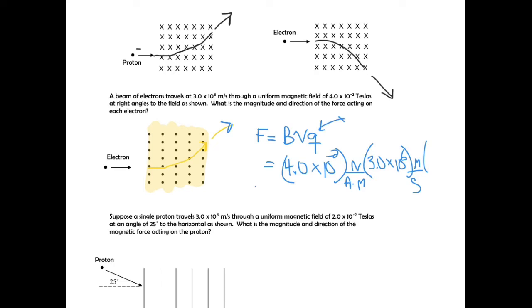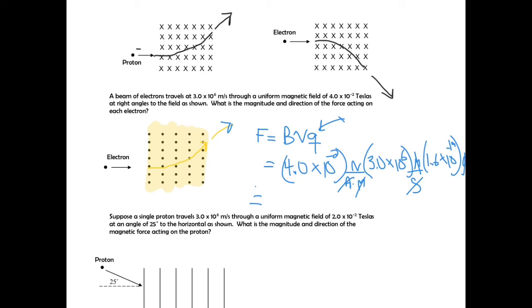Now the charge here is the charge of one electron, which is 1.6 times 10 to the negative 19 coulombs. So the coulombs per second is essentially what an amp is. So that cancels the amps. The meters cancel with the meters. And we're left with newtons, which is what we want.